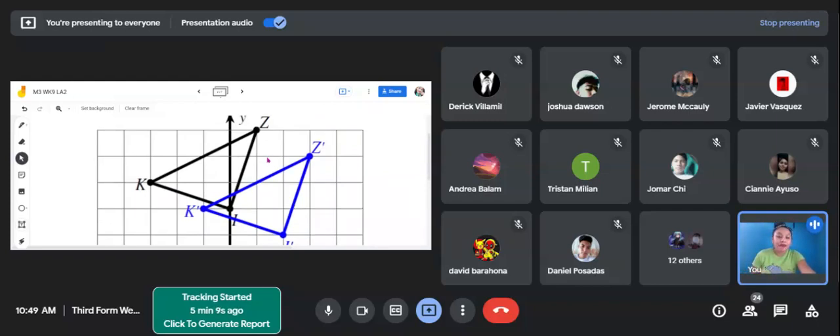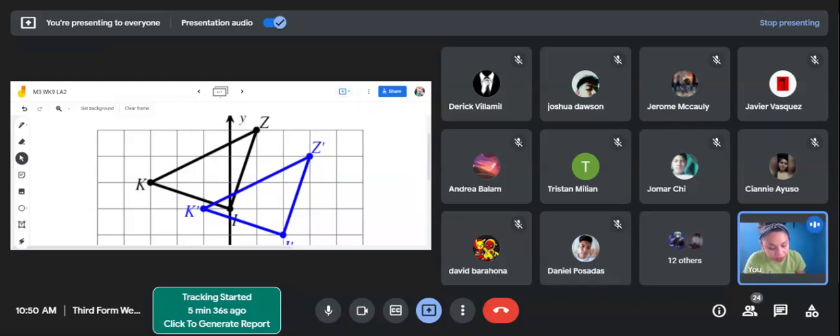What happened so that K moved from there to here? And the same thing with Z.